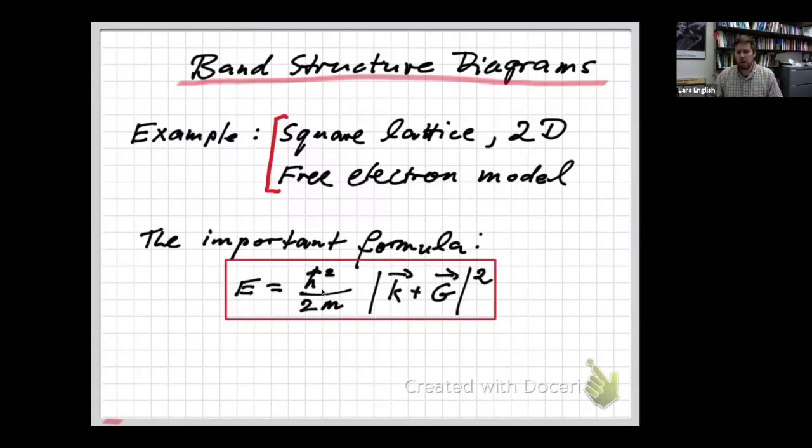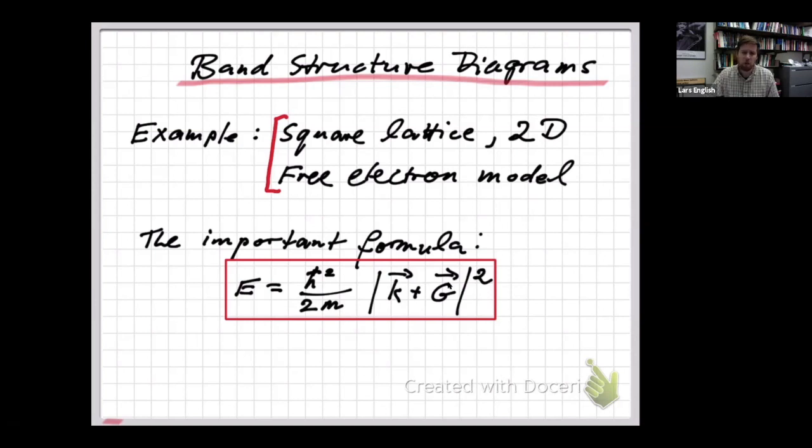The important formula we have to talk about is the one that is framed here now. E is equal to h bar squared over 2m times this quantity squared. Before, we were looking at h bar squared over 2m times k squared, which is the energy of a free electron. But in the reduced zone scheme, we have to remember that things can get folded into the reduced zone, and therefore we have these reciprocal lattice vectors to account for.